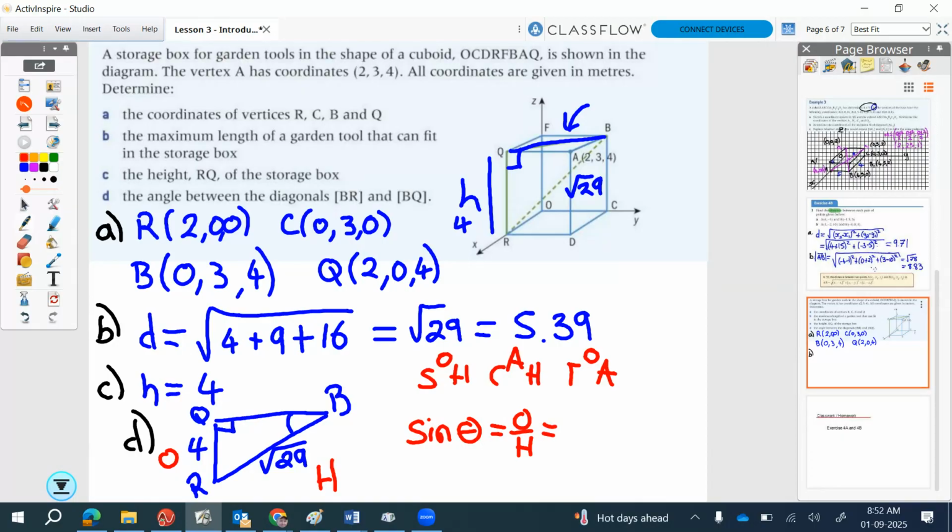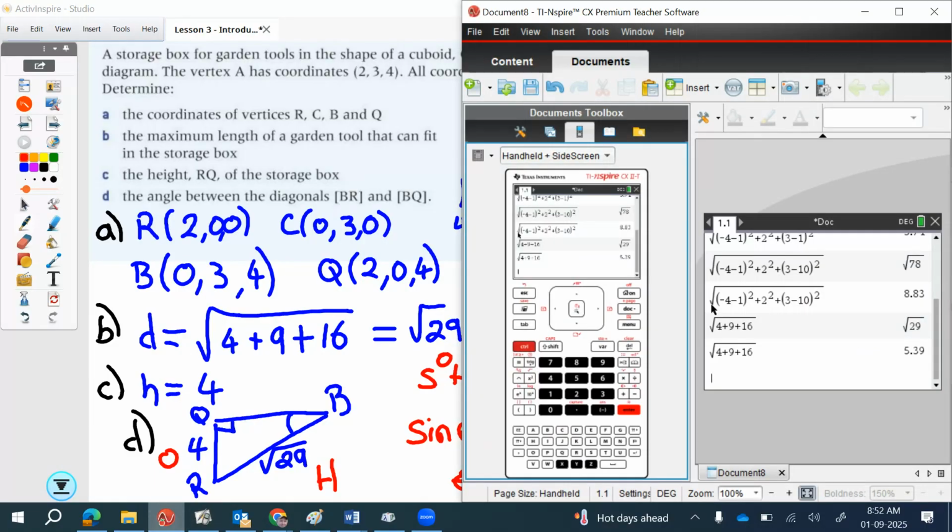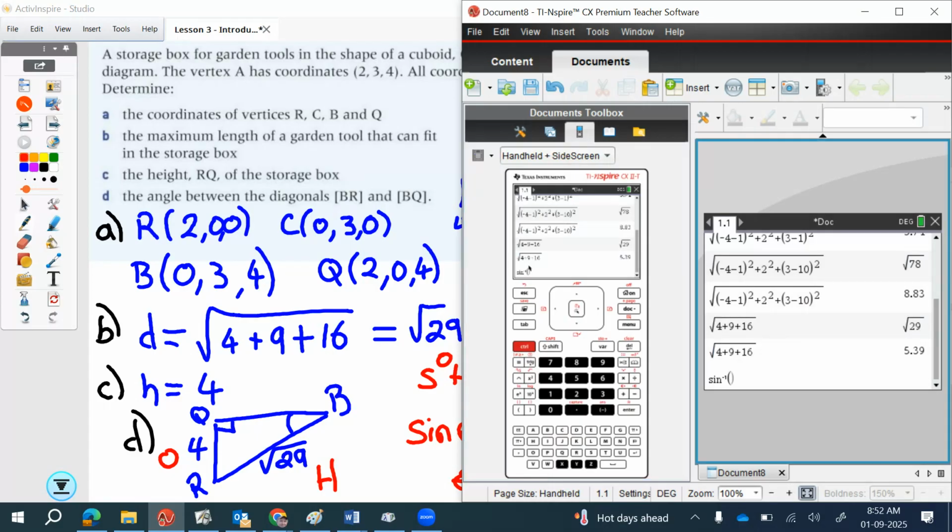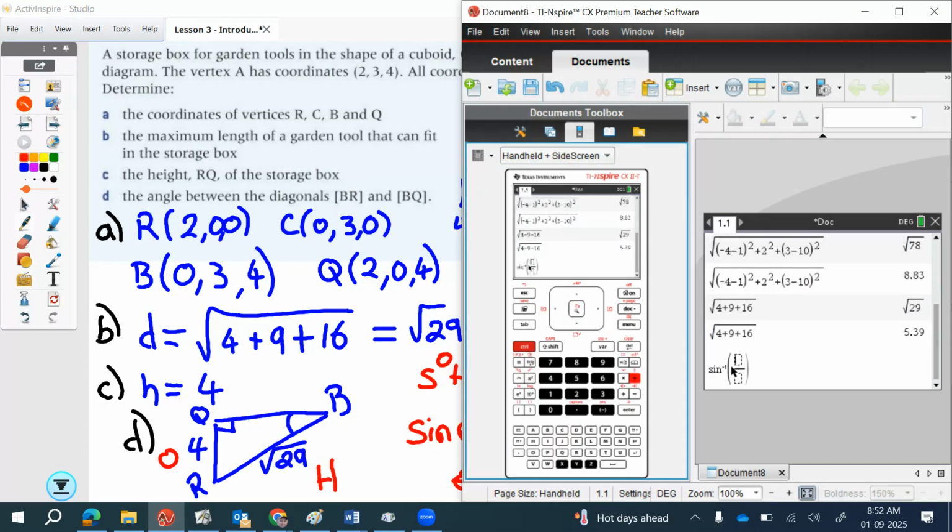So the sine of theta is going to be 4 over root 29. That means theta is going to be the arc sine of 4 over root 29.